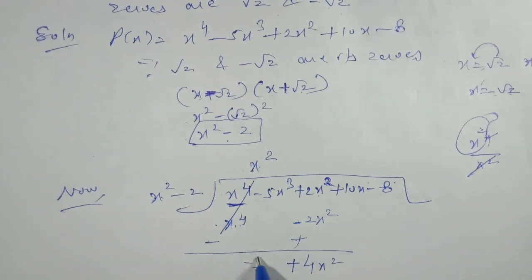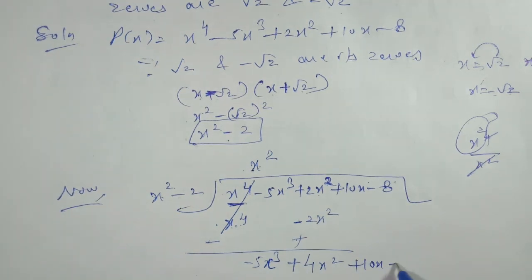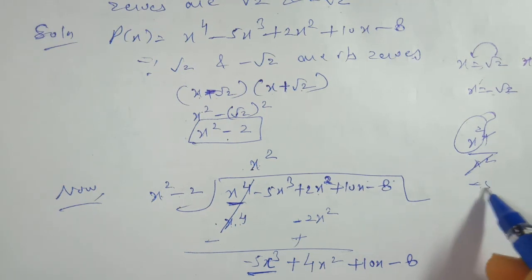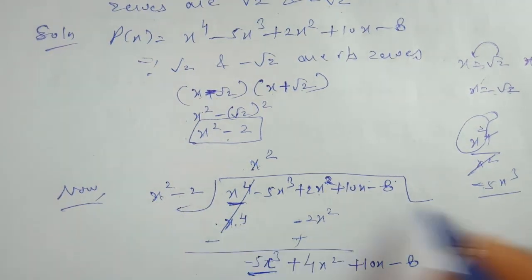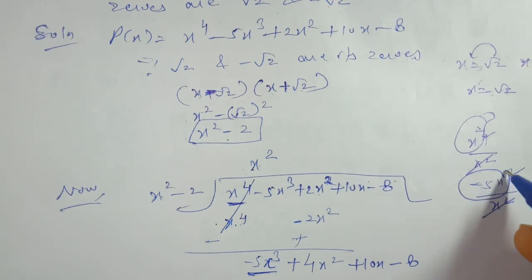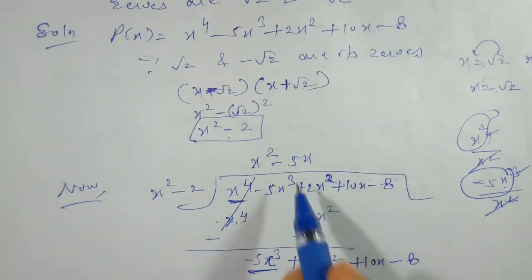Note down the other part: minus 5x cube plus 10x minus 8. Now identify the next highest. We have minus 5x cube, and below we have to write x square divided. 2 will be cancelled, 2x will be cancelled, 1 is left, so it will be minus 5x.